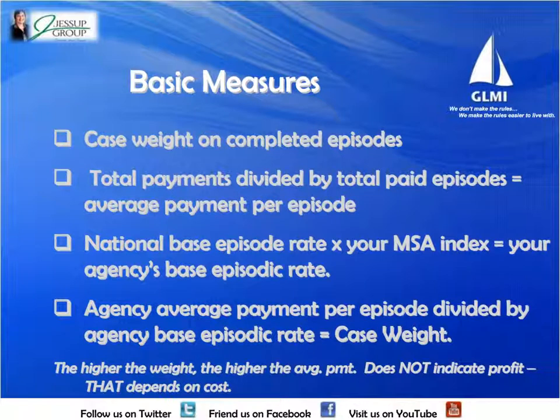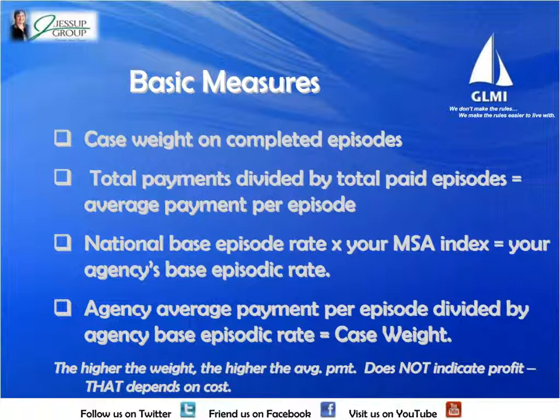The first basic measurement that I wanted to talk about was your case weight on completed episodes. It's kind of hard in most systems to get an average for your entire body of work here. But if you want to calculate your case weight from your Medicare cost report, you can do that. You just take your total payments, divide it by your total paid episodes.